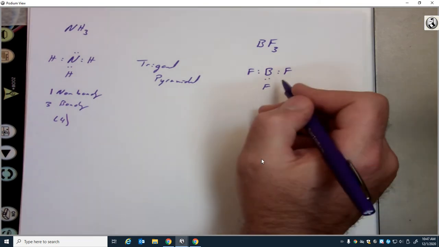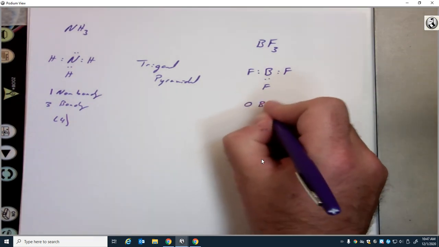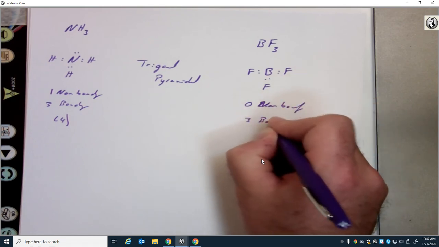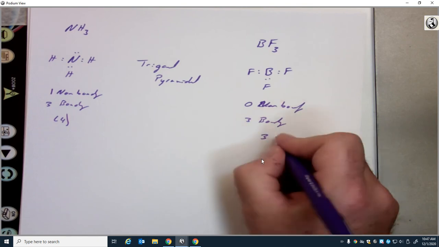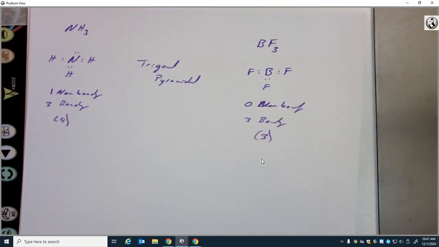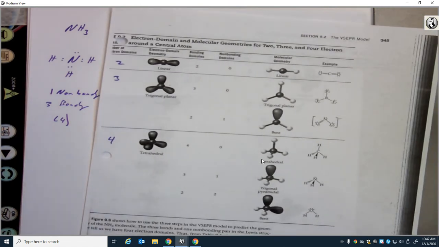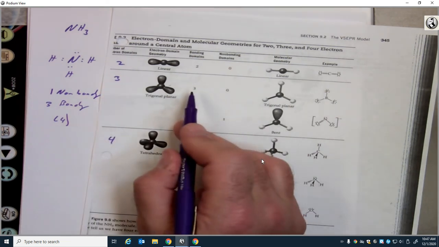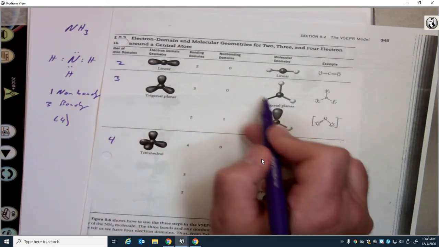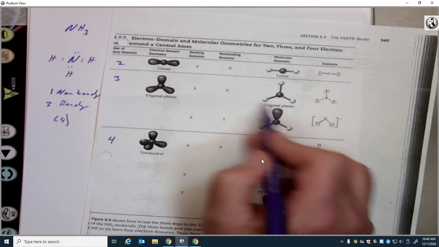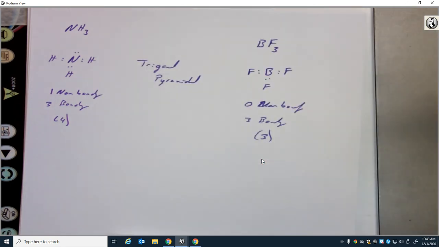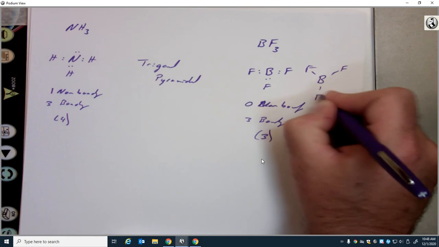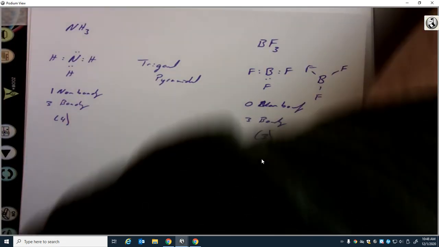So in this case, there are 0 non-bonding and 3 bonding for a total of 3 electron domains. So we come to our little chart. We have a total of 3, with 3 bonding and 0 non-bonding, so that would give me my trigonal planar shape. So we would get this B, F, F, and F. And I want to show you.